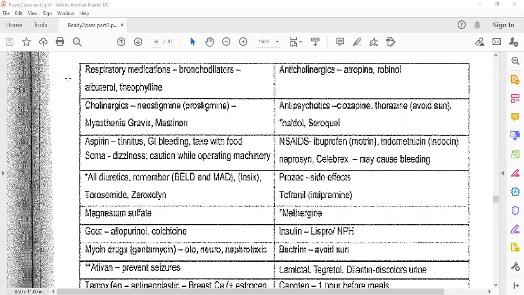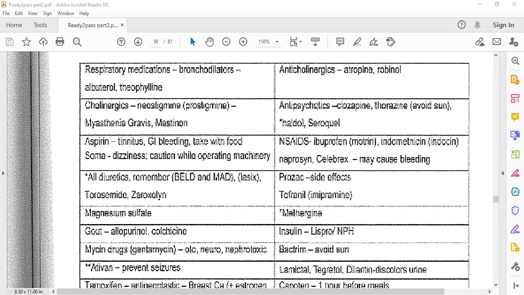What next? The next medication here is called antipsychotics. So antipsychotics are the medications we use for psychiatric problems, right?